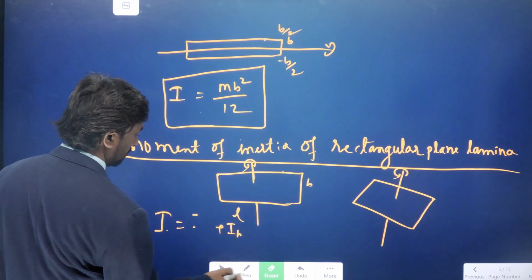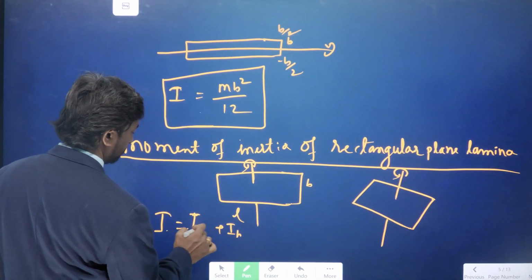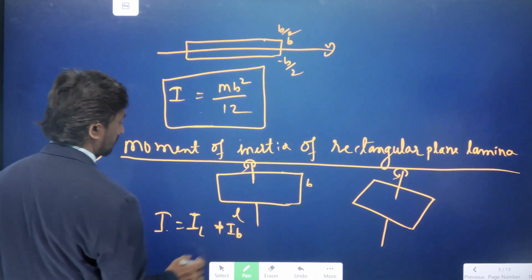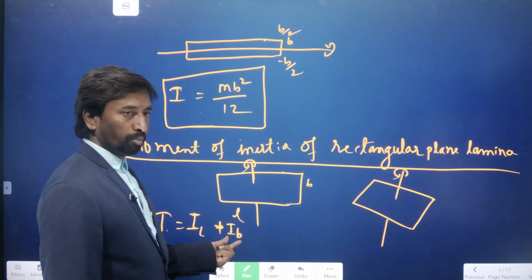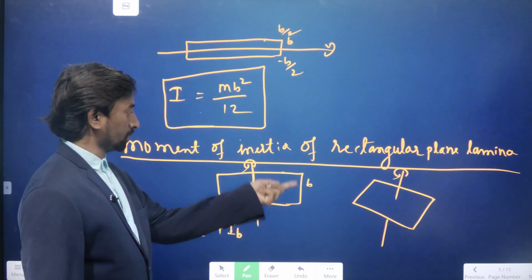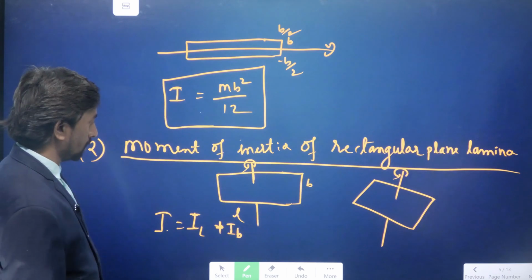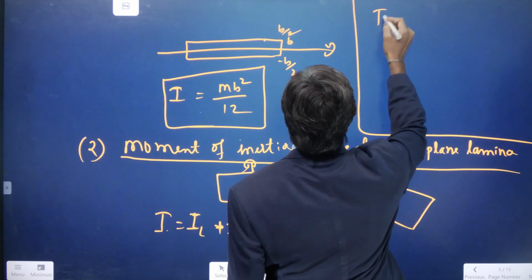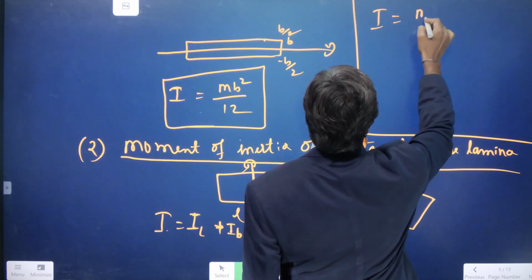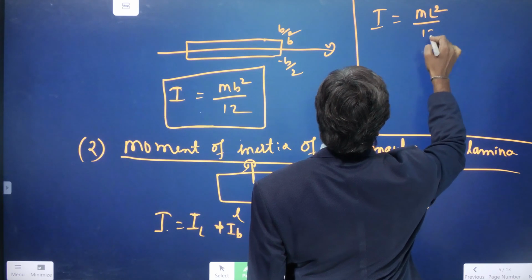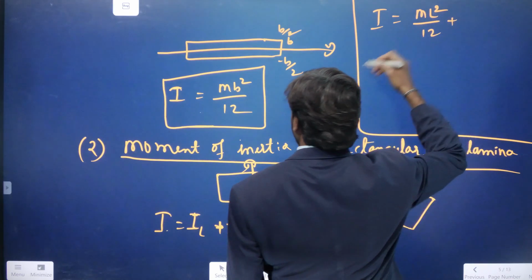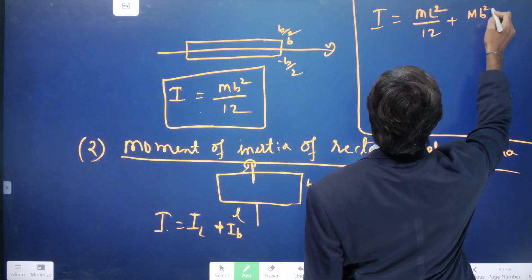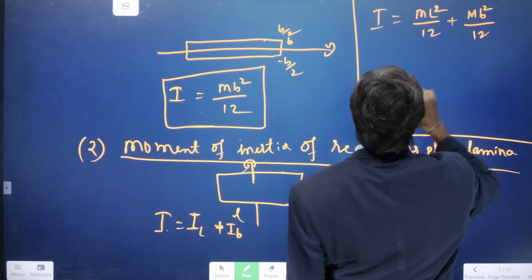This is the moment of inertia of the rectangular surface about its length, and the moment of inertia of the rectangular plate about its breadth. From both equations, I equals ml square by 12 about the length, plus mb square by 12 about the breadth.